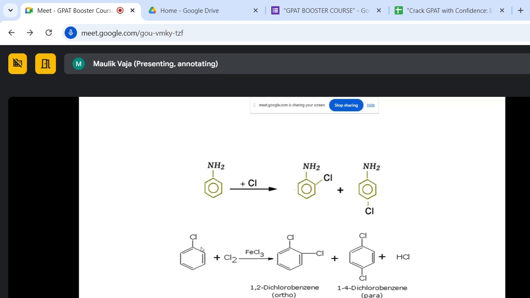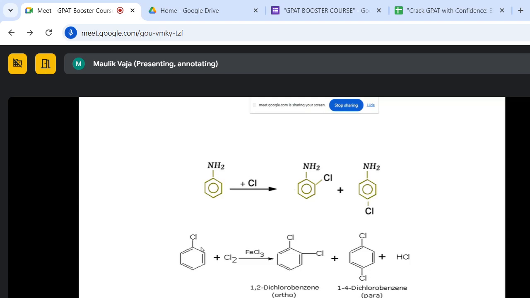But in this case, halogens are electron withdrawing groups, but still they give ortho para product. Why? The electron withdrawing effect is due to its inductive effect. Halogens are inductively very strong.